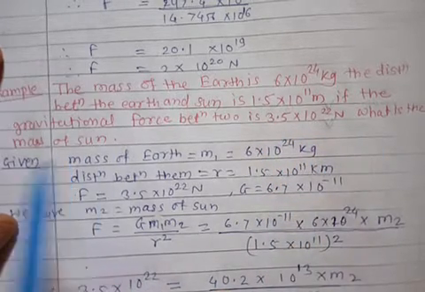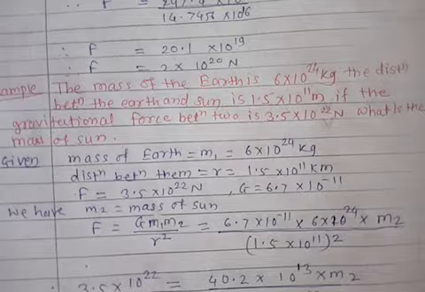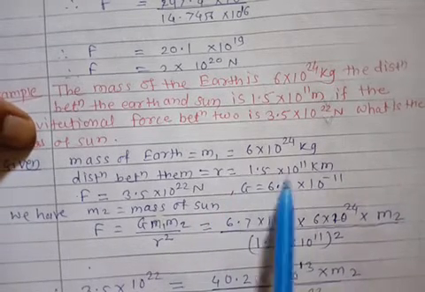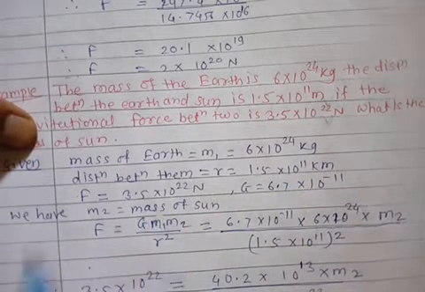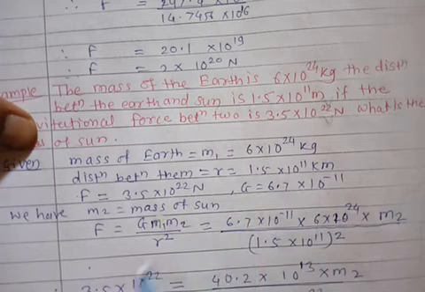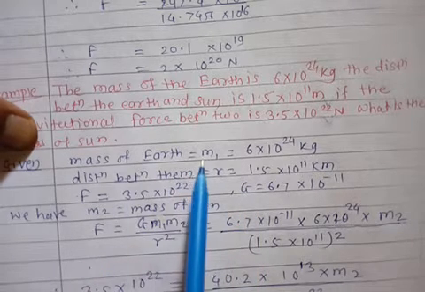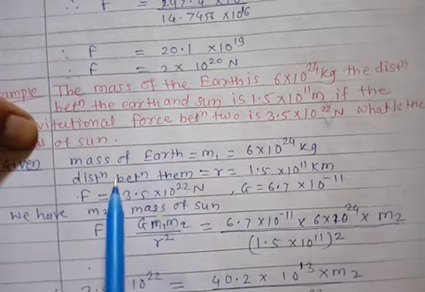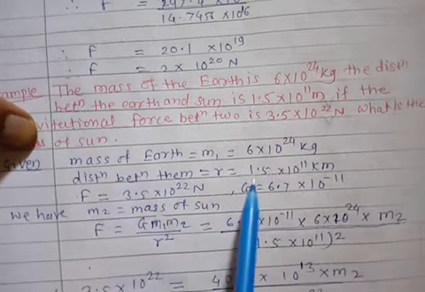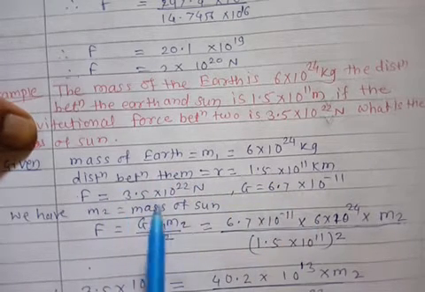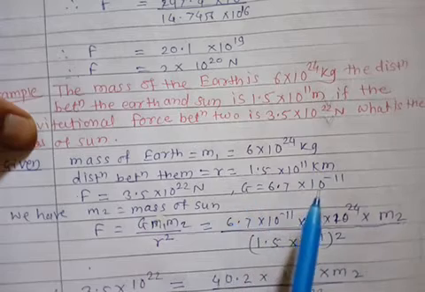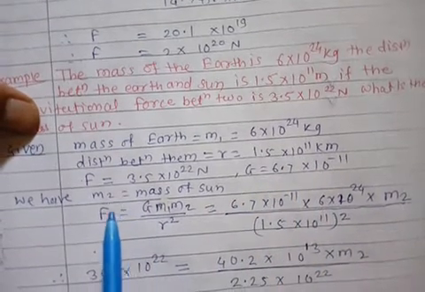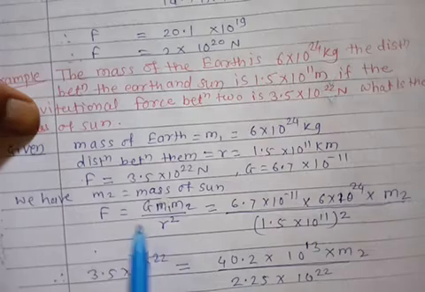What is the mass of the sun? That means the mass of the earth, the distance between the two, and the force are given. Then you have to find the mass of the sun. The mass of the earth m1 is given, the distance r is given, the force is given, and the value of G is also given. Therefore, you have to find the mass of the sun, m2.